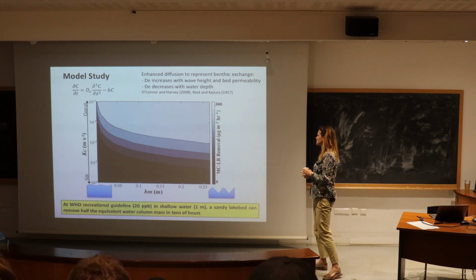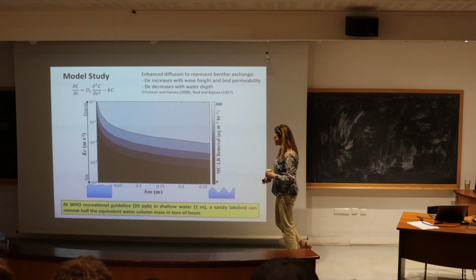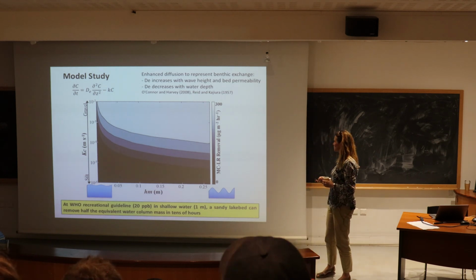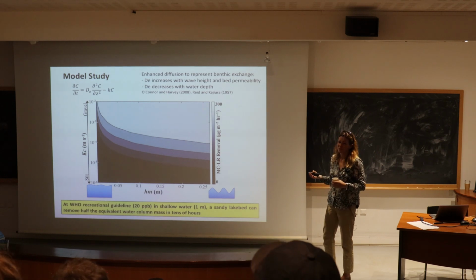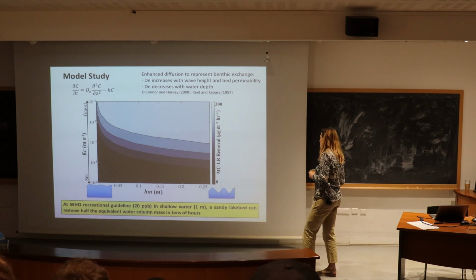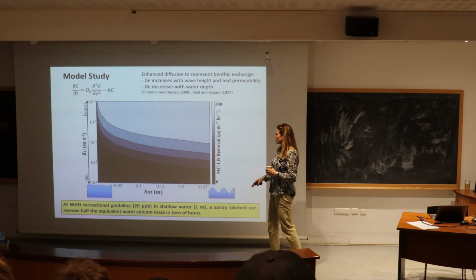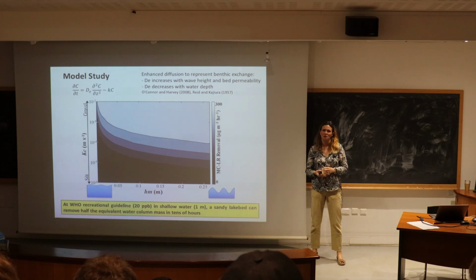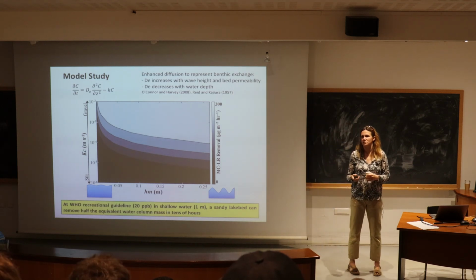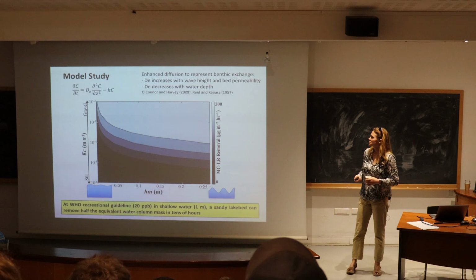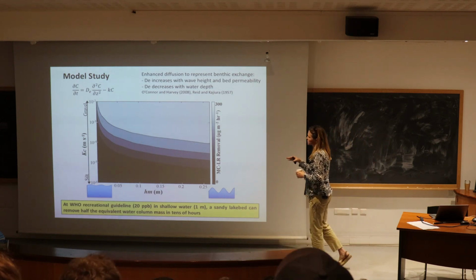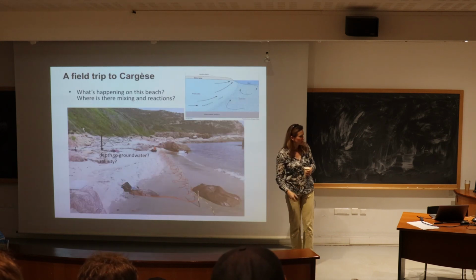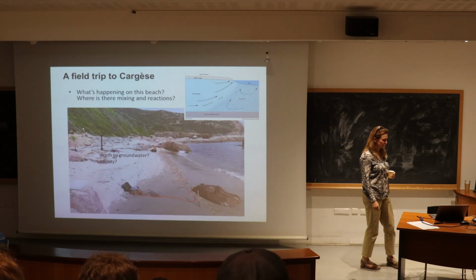Basically, the World Health Organization recreational guideline is that you don't want to swim in this water if there's a microcystin concentration of more than 20 parts per billion, which happens, we surpass those a lot in Lake Erie. But it turns out that a sandy lake bed can remove half of the equivalent water column mass just in tens of hours. And otherwise, you would have a really persistent amount of toxin in the water. So we think this situation is important in coastal areas where people want to recreate. Just a little ecosystem service.